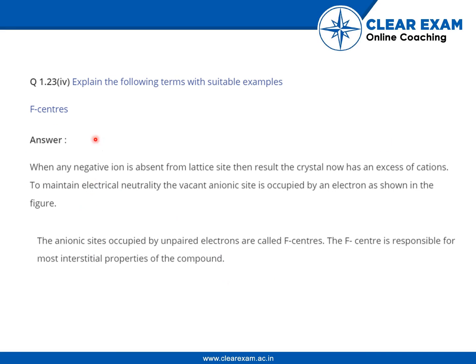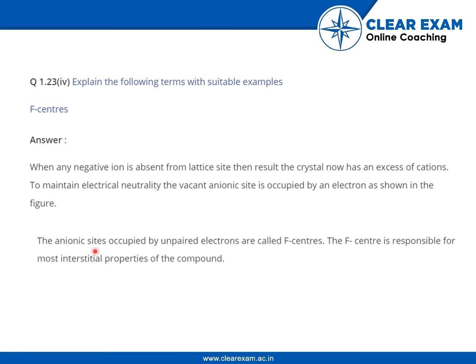So in F center, in the ionic solids, the negative ion is absent from its lattice site. So it means that there are more positive charges present in the ionic solid as compared to the negative charges. So to maintain electrical neutrality, a vacant anionic site is occupied by an electron.